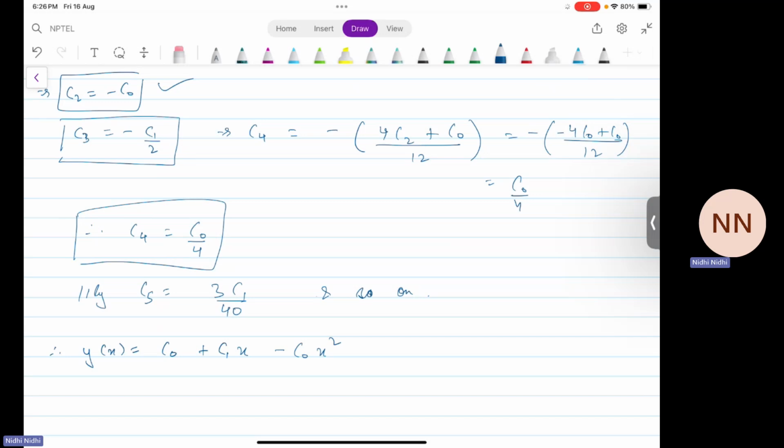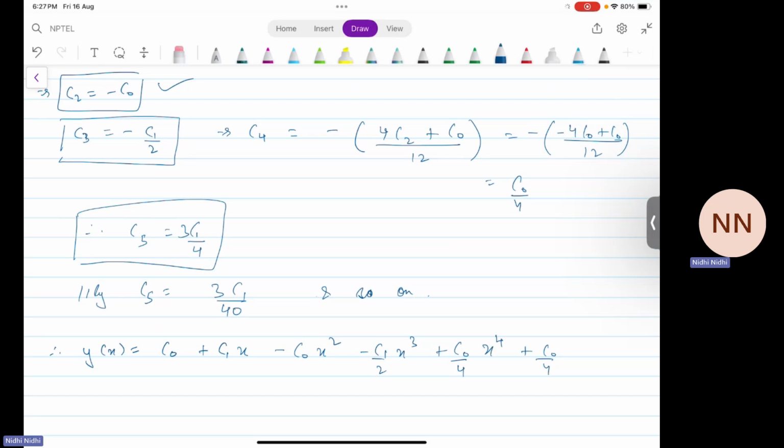Then c3 is minus c1 by 2 x cubed. Then c4 is c0 by 4 x to the power 4. Then c5 is 3c1 by 40.